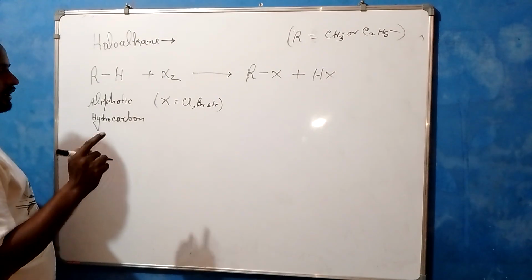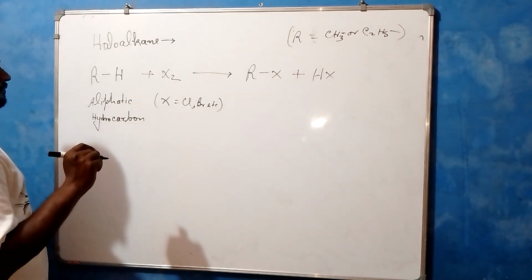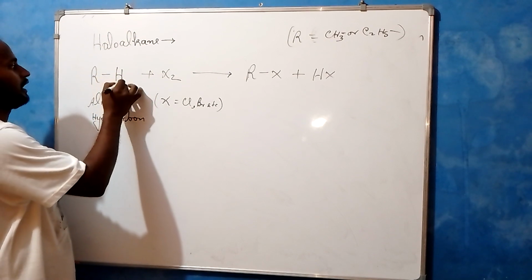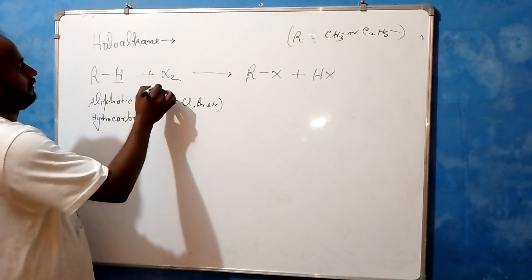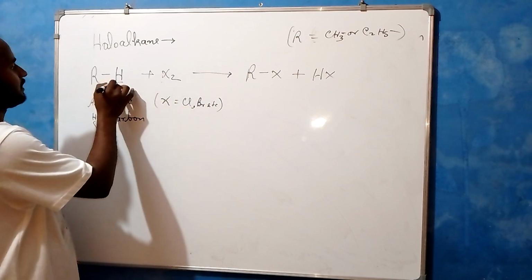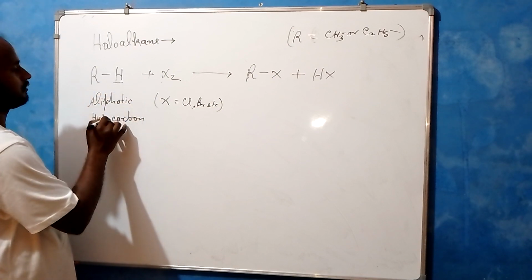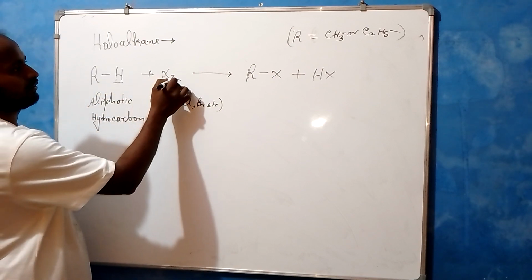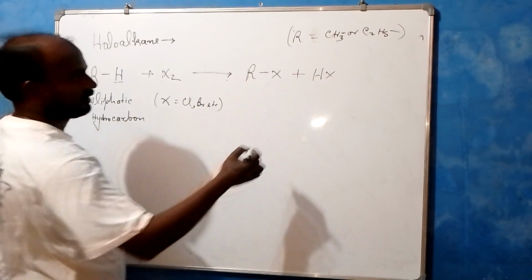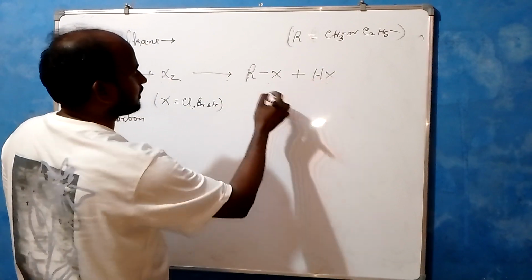If we focus again on the definition of haloalkane, we find that the replacement of the hydrogen atom from the aliphatic hydrocarbon by the halogen atom gives out haloalkane and a subproduct, hydrogen halide.